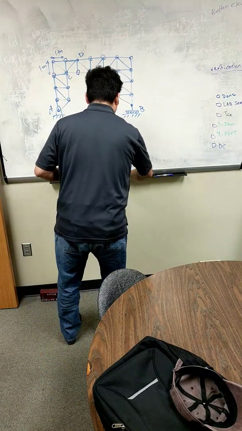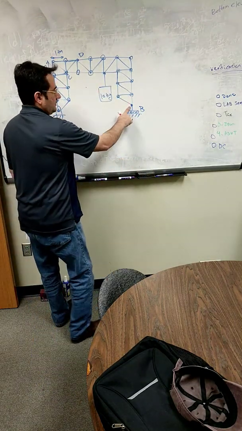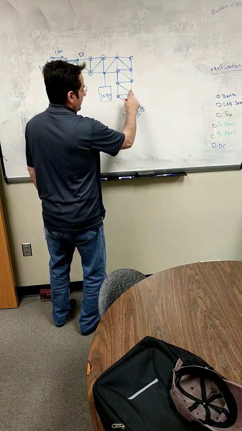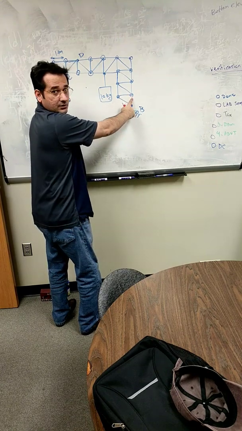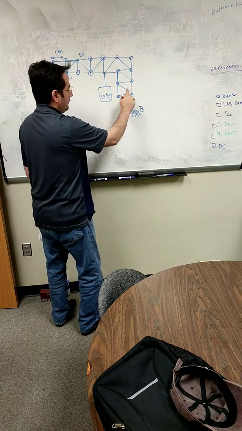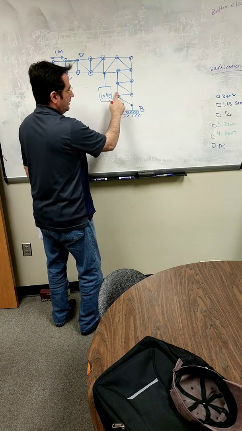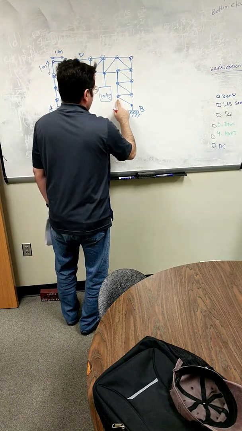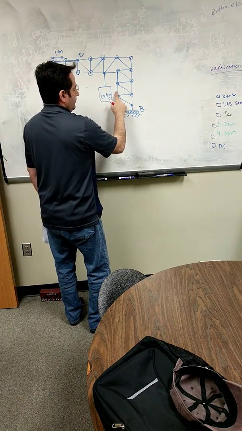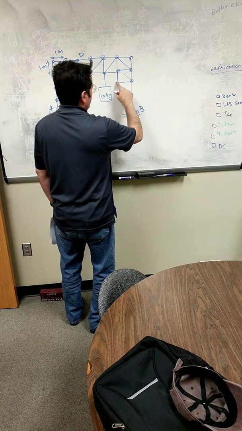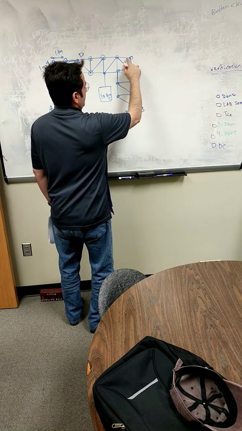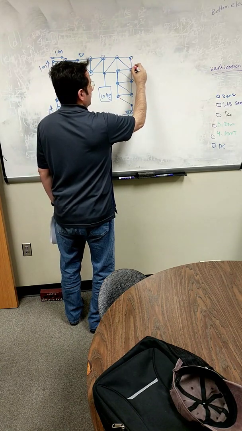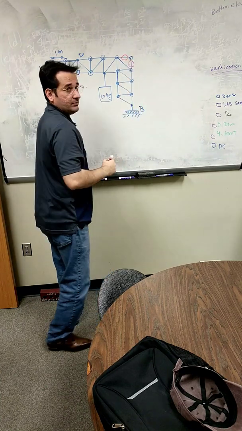In order to identify zero force members, this joint has external support, so these two are not zero force members. Here you have 1, 2, 3, 4 members connected with a pin, so it's not a zero force member. Here there are three members, but they're not aligned. Two of them must be aligned. So this is not a zero force member here. Nothing here, nothing here, nothing here. And these two members are connected to a pin with no external reaction. Both of them are zero force members.